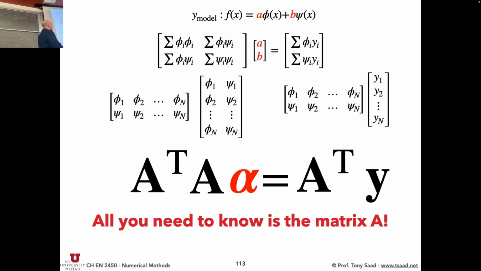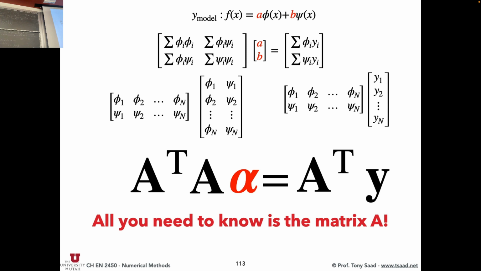Now what I'm claiming is that to derive the normal equations for a linear regression model, you only need to know the matrix A. You don't need to write the sum of the squares. You do not need to differentiate that sum of the squares. All you need to know is that matrix A. And that matrix A is so easy to build because it's simply a replica of your model.